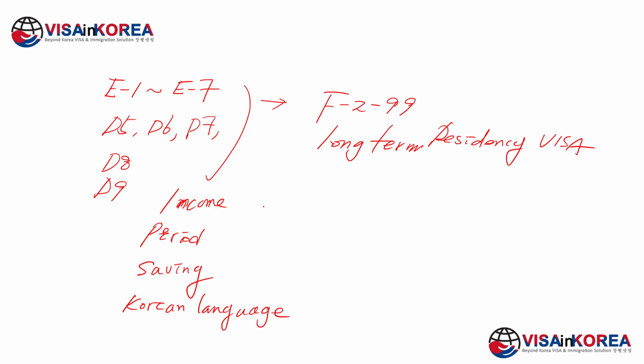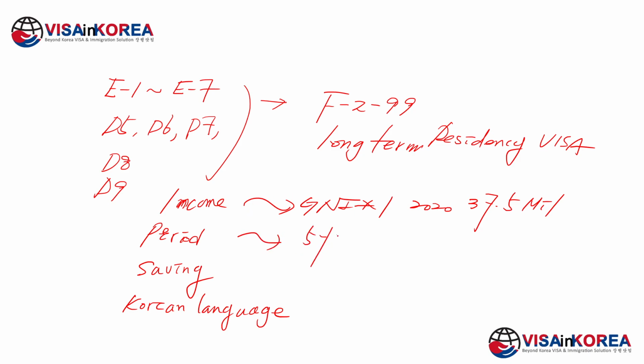For income, you usually need one times the GNI for the previous year. In 2020, the GNI was 37.5 million won, and the period needed is 5 years. But if you have had a D visa and are still on E7, you can add the whole period.